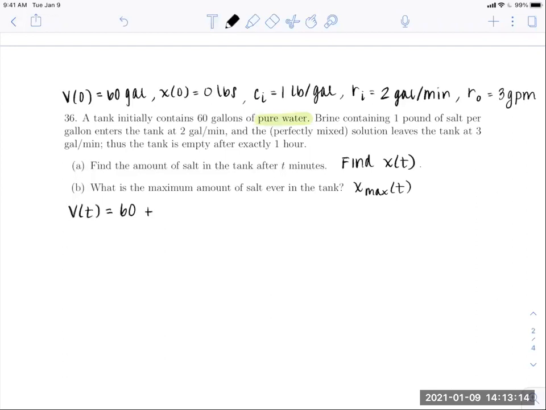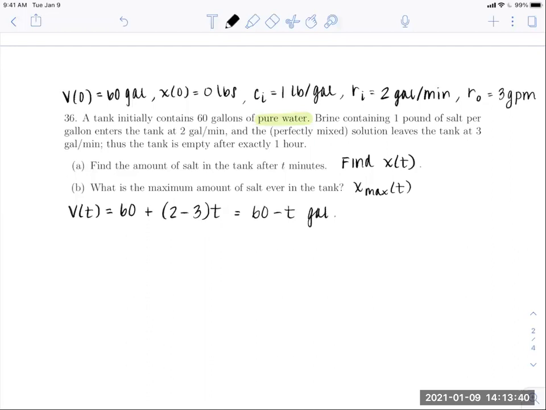So we're adding 2 gallons per minute, and then we're subtracting or losing 3 gallons per minute times the number of minutes, T. So in the end, our expression for the volume as a function of time is 60 minus T gallons.